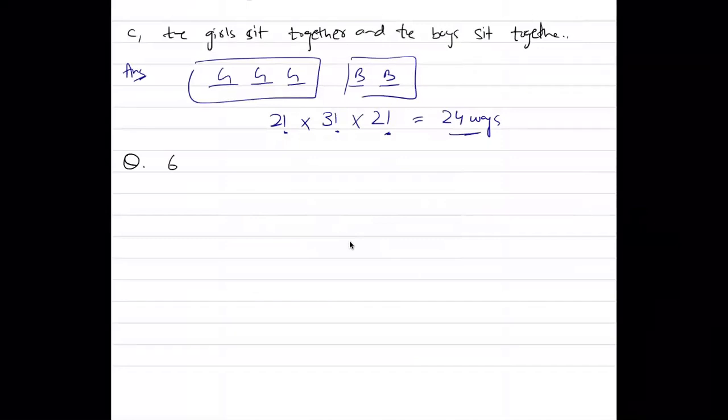Okay. The other question says 6 girls and 2 boys are to be seated in a row.